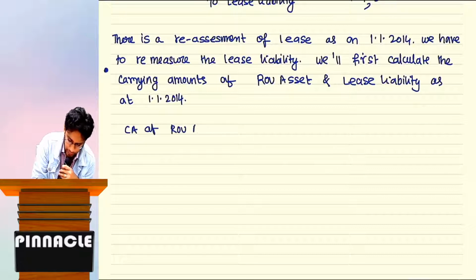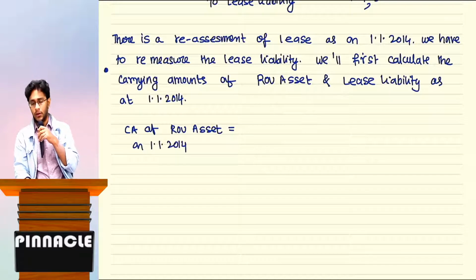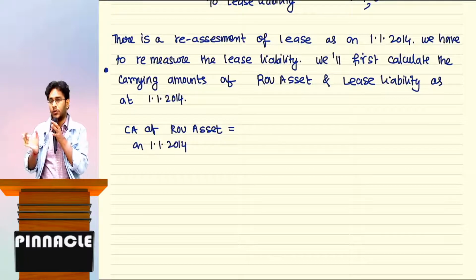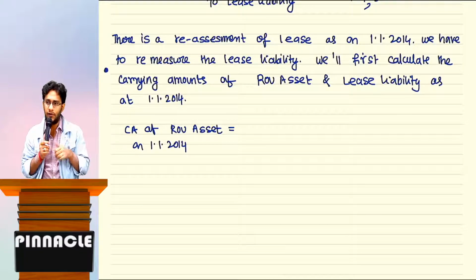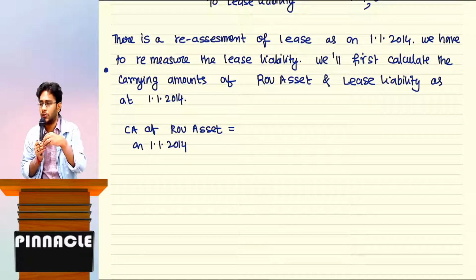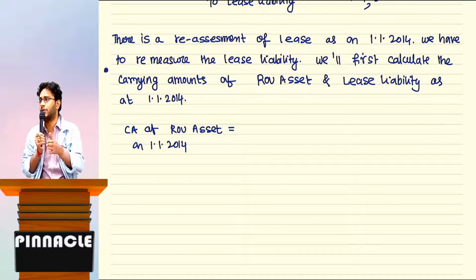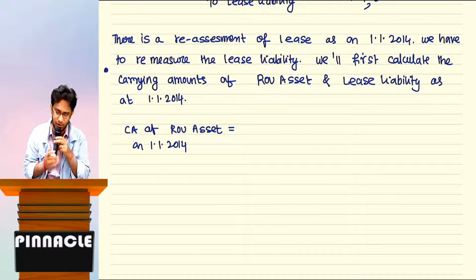So carrying amount of RO asset on 1/1/2014 is equal to... Sir, originally you thought that the life of the asset is only 5 years. So you would have depreciated considering that overall life is only 5 years. Out of that, how many years are over? 2011 over, 2012 over, 2013 also over. In 2014 beginning you are there. 3 years of depreciation you provide.